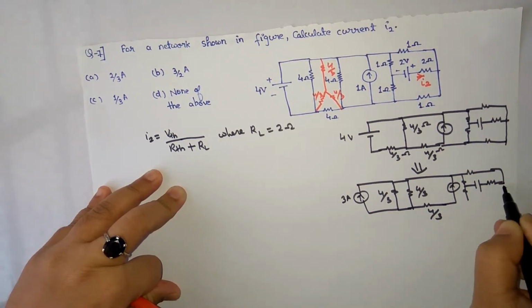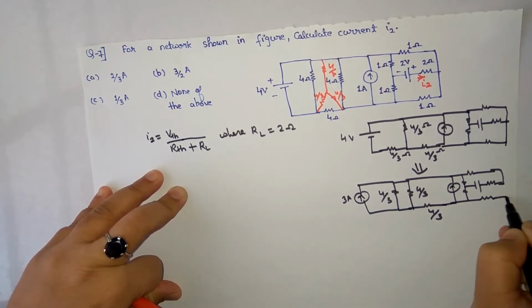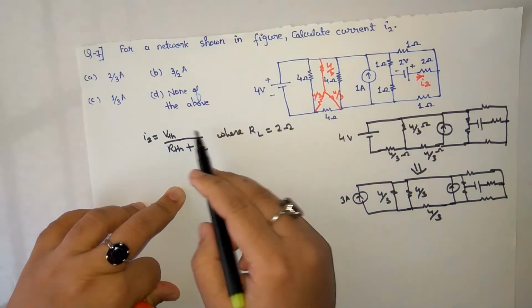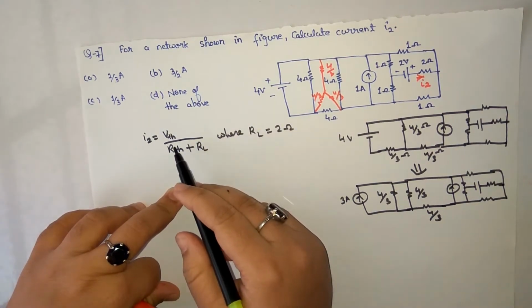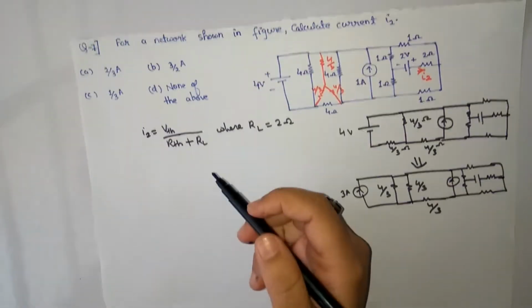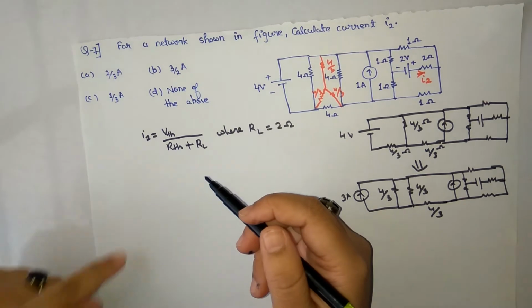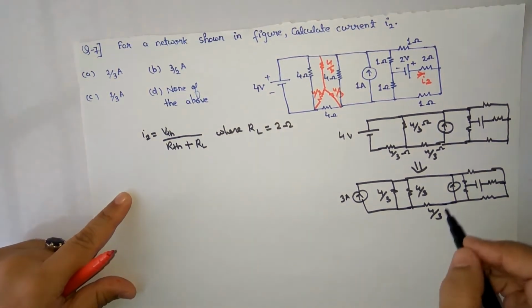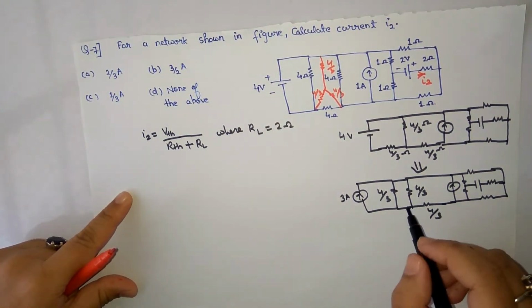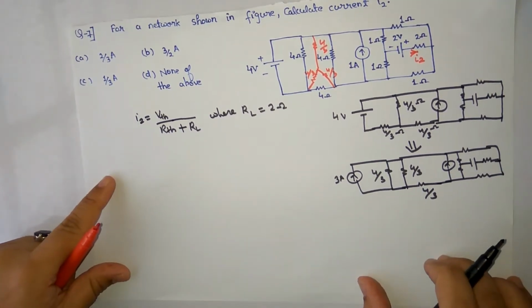Before I'm applying Thevenin's theorem, I'm doing a little bit of source transformation so that my circuit gets a little bit simplified.